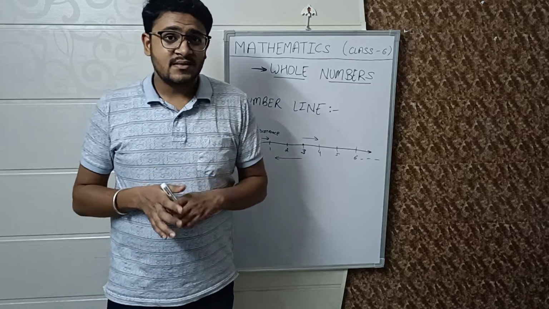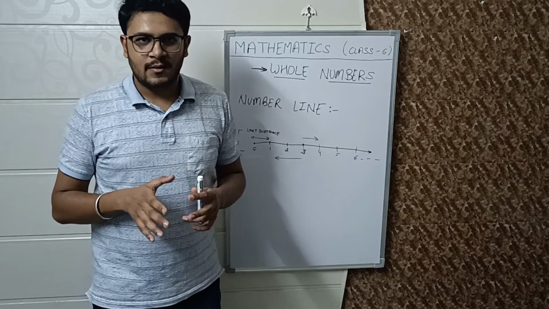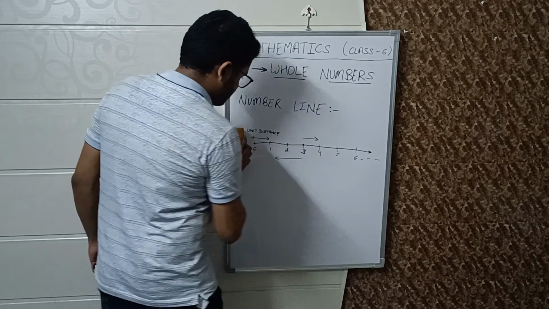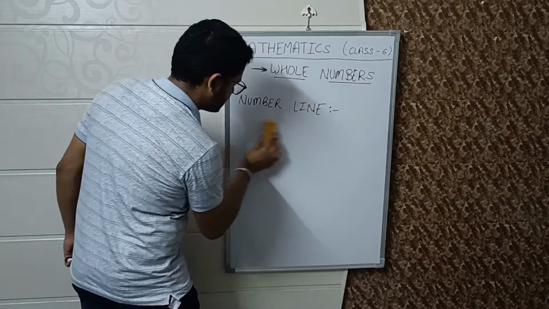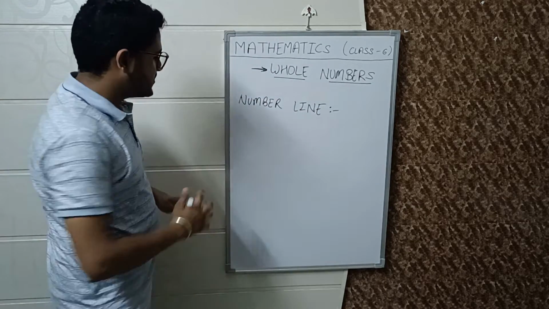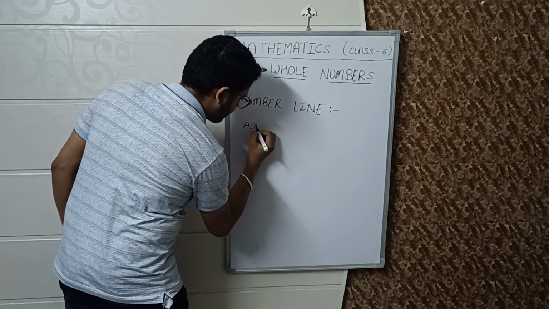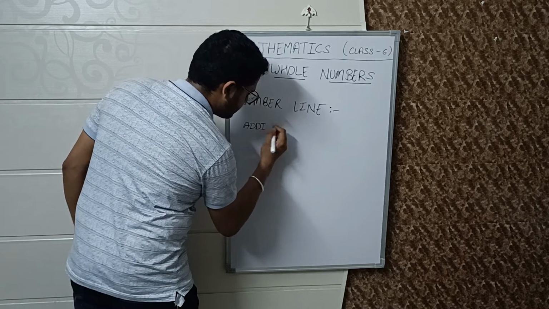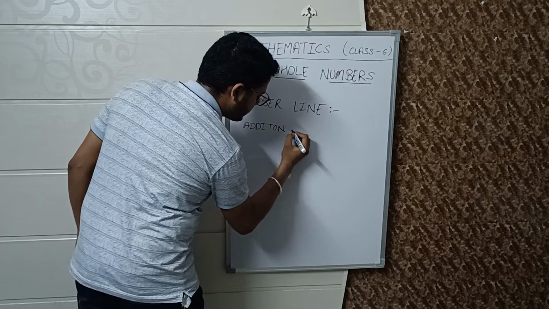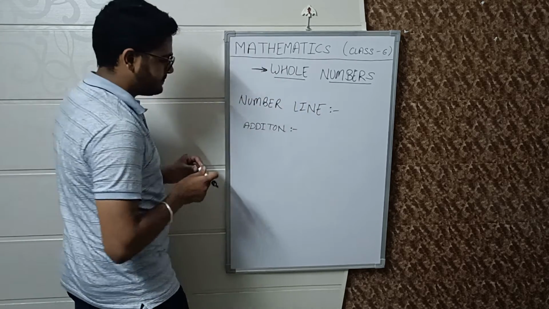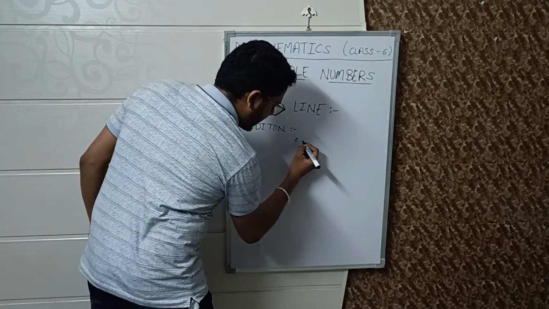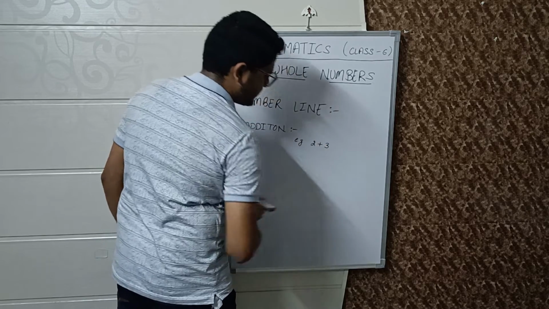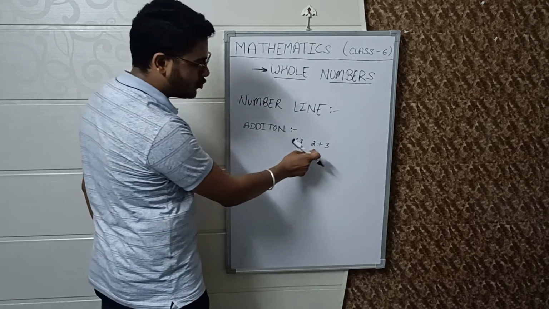Now what we will do is we'll do addition, subtraction and multiplication using our number lines. Let me erase this. First start with addition. Addition of numbers using number line. Okay, let's say I want to add 2 with 3, which means I want to do this operation 2 plus 3.